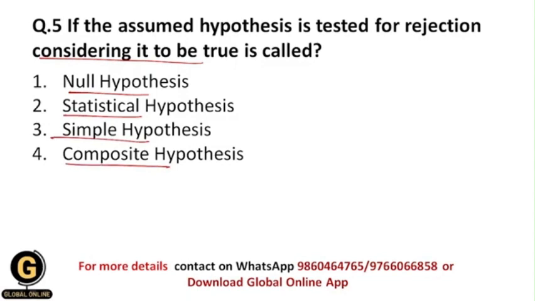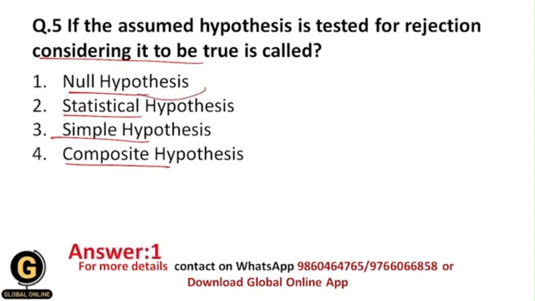So students, as I have told you in the previous videos as well, there is only one hypothesis which is called the null hypothesis, and that only we are going to test. Okay, we don't test other types of hypothesis in the research process. All of you getting? And that's why your correct answer should be 1.